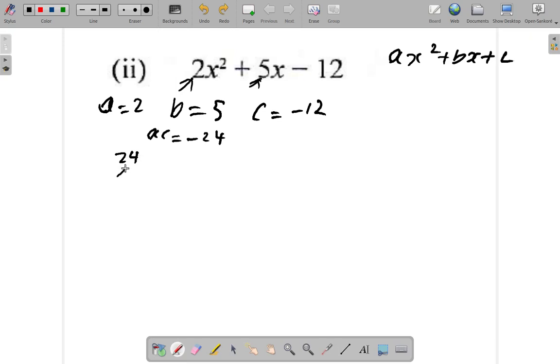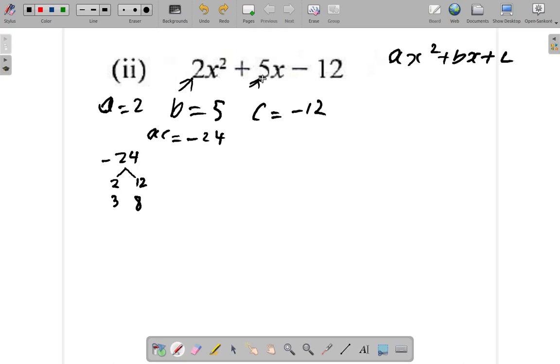Break up 24 into two numbers. You have 2 and 12. Well, it's negative 24. One of these must be negative. But if you add or subtract, you won't get 5. So let's try two other numbers. You have 3 and 8. 3 and 8 will seem to work.